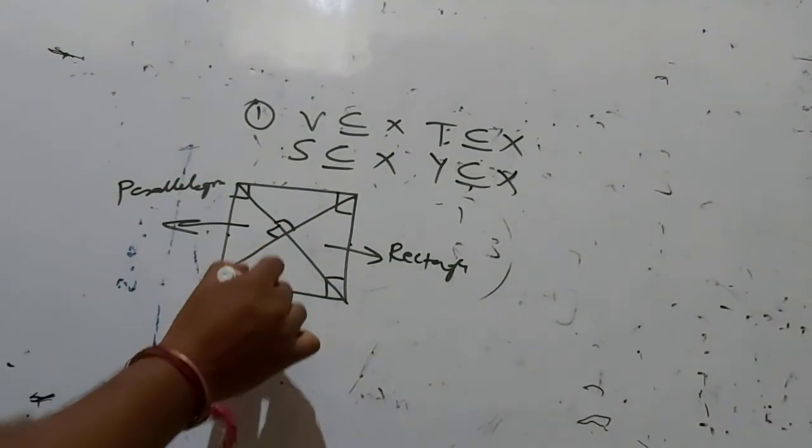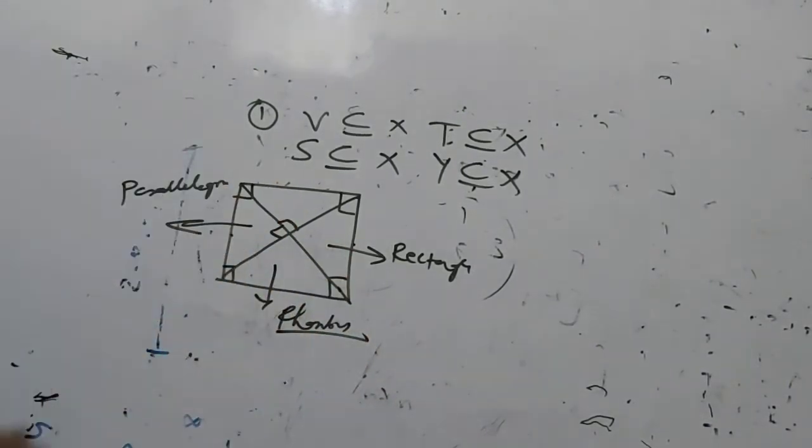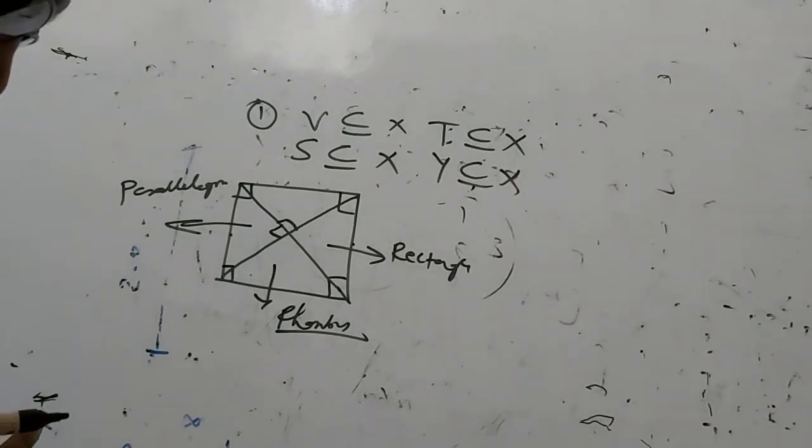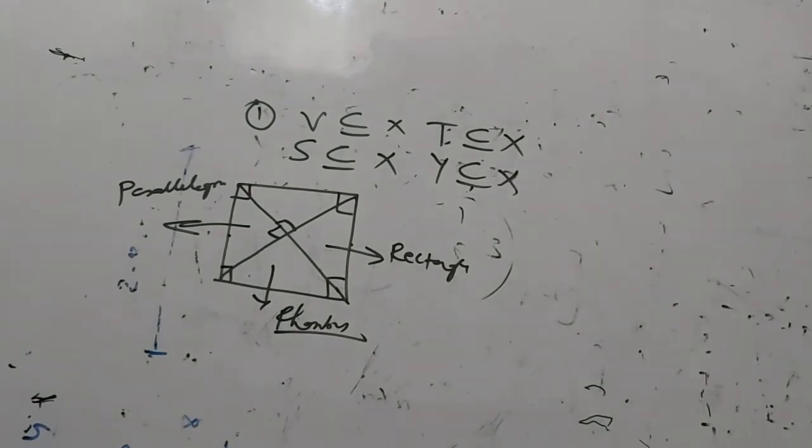So this is the property of a rhombus. Again, one more property is there: opposite angles are equal. So what you can see is that every square is a rhombus, parallelogram, and rectangle.